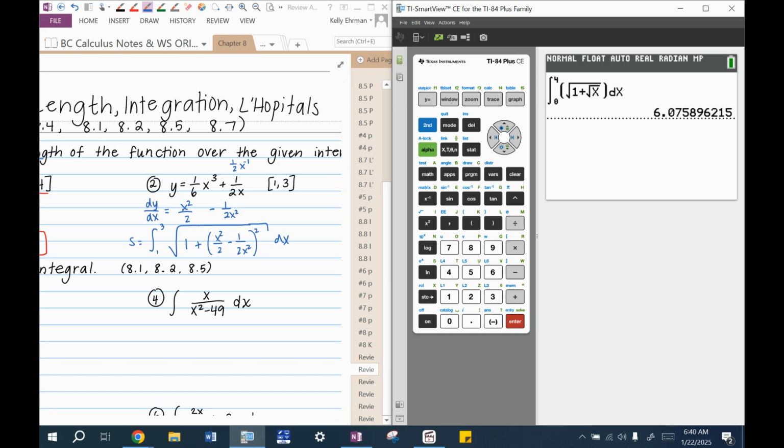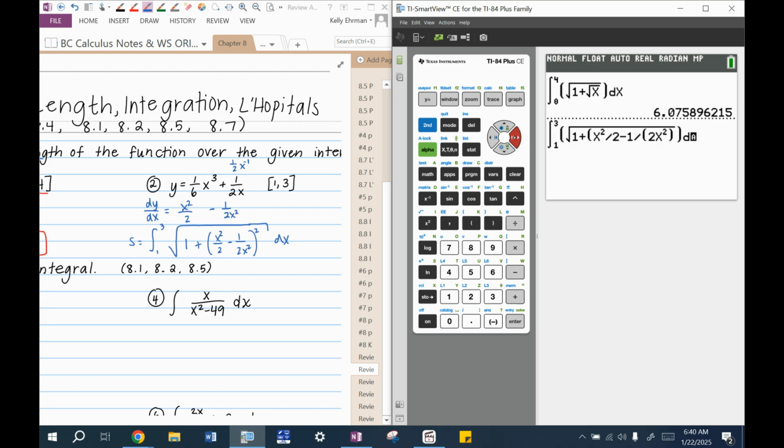So, math 9, 1 to 3, square root of 1 plus, so I'm going to need parentheses here, and then it's x squared over 2 minus 1 over, now I didn't use the fraction key, so just be careful here. 2x squared has to be in parentheses.